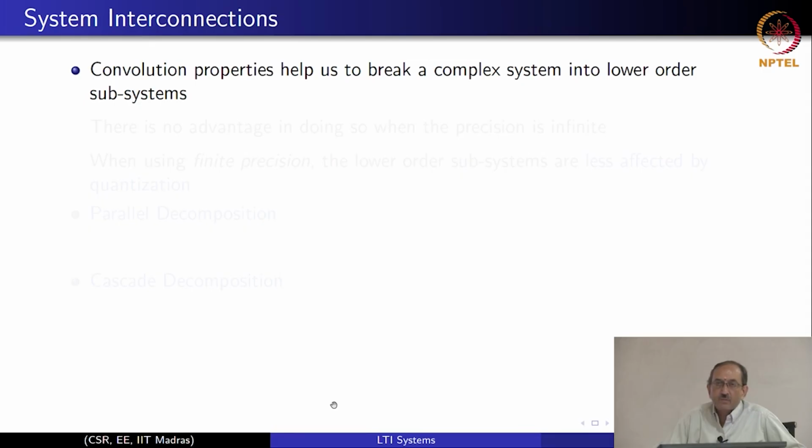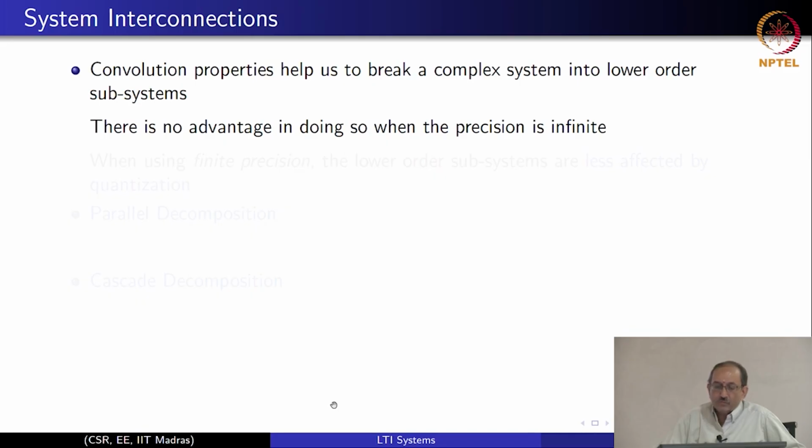By complex systems we mean systems with high order, and you can break down such high order systems into combinations of lower order systems, and in practice typically we will implement lower order systems in terms of first and second order.